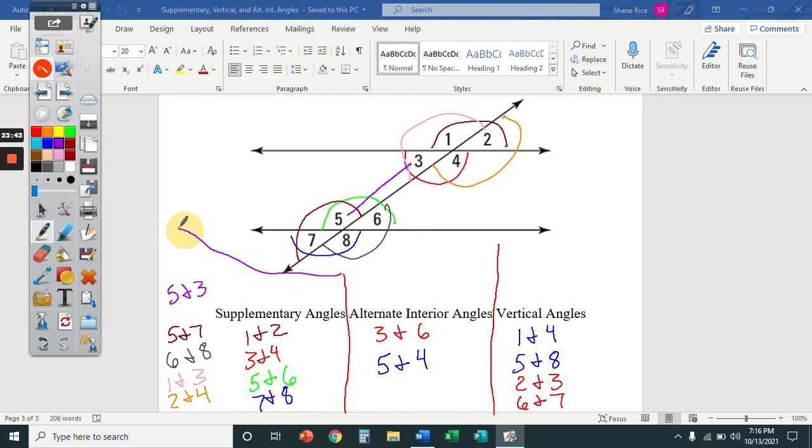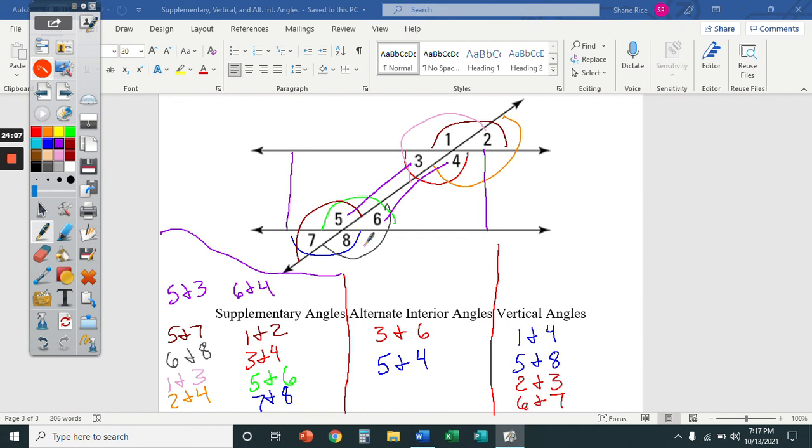So let's do this. Okay. This is one big box here. 5 and 3 are supplementary, and 6 and 4 are supplementary because they are on the same side of the transversal on the inside, or interior, between the two parallel lines. Okay. And that's what we know so far.